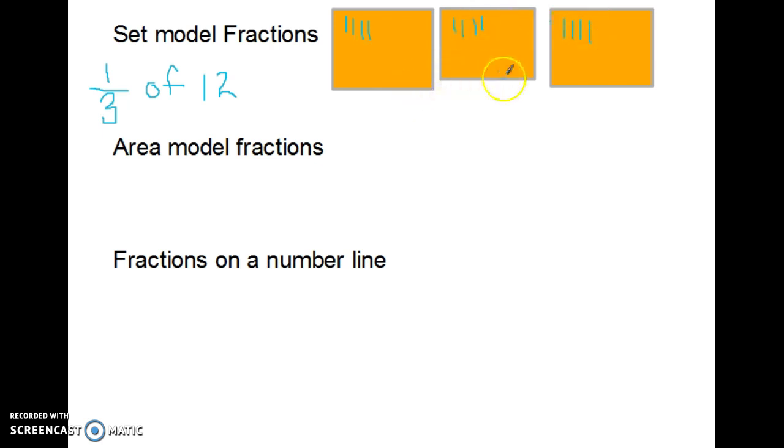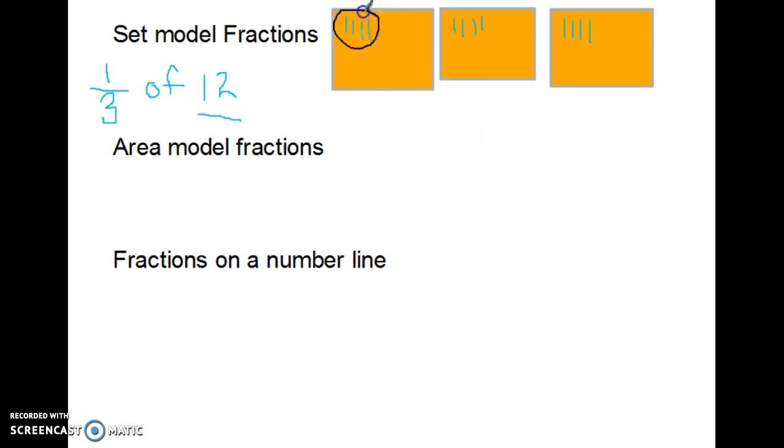Okay, so I had my 3 vases. I'm pretending it's a vase. And I have how many flowers? 12, and I want to find out 1/3 of those flowers. Well, how much is 1/3 of those flowers? 1 out of the 3 would be 4. So I have 4 right here.